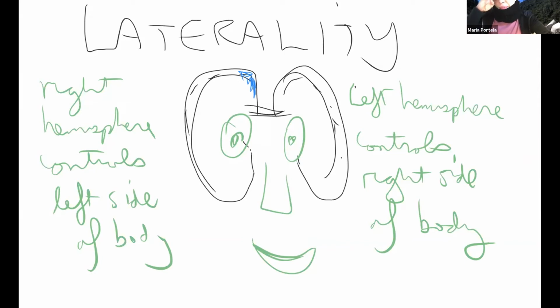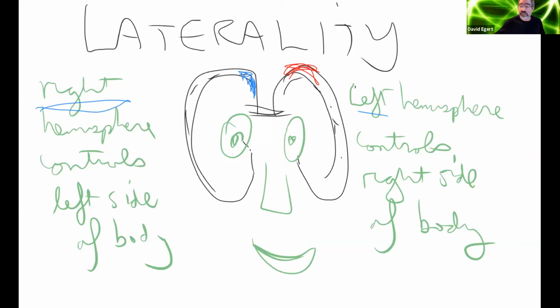Precentral gyrus. Yeah, so it'd be motor, but if it's on the right side, it's going to be a problem on the left. So paralysis on the left side of your body. Or if you have damage in your postcentral gyrus on the left, there's going to be sensory deficits, problems with sensation on the right side of your body.